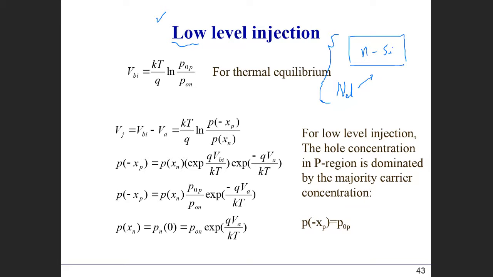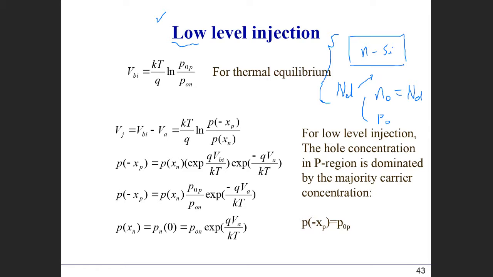For the N-type silicon, we have the majority carrier, which is defined as the electron, and the minority carrier, which we define as the hole. The number of electrons we assume is close to the doping concentration.